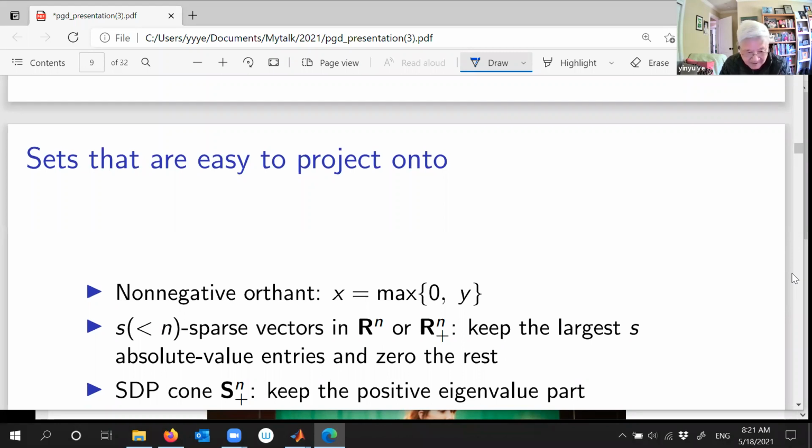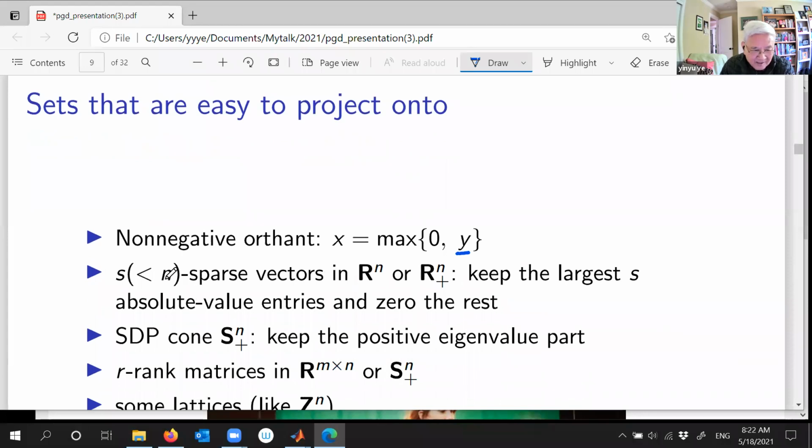First, the non-negative orthant. Then you have a very easy operator. You're given a point y, some entries could be positive, some could be negative. All you need to do is zero out those negative entries, and you get the exact projection.